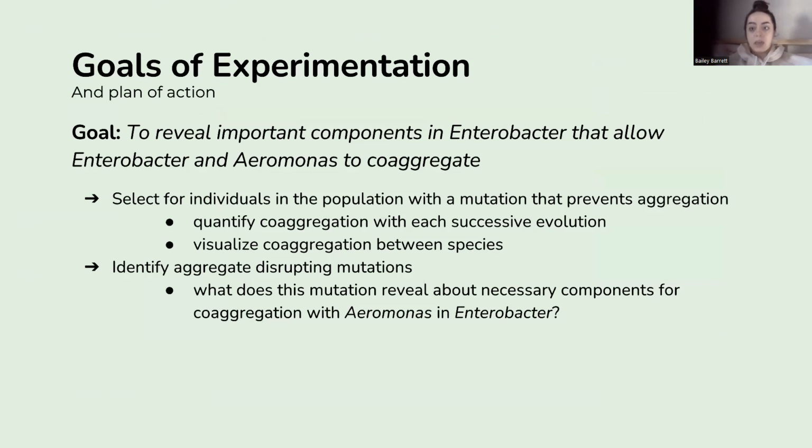I thought this was super interesting, and I wanted to explore it more. Specifically, I wanted to explore Enterobacter and why it's participating in this interaction. I wanted to reveal important components in Enterobacter that allow Enterobacter and Aeromonas to co-aggregate.